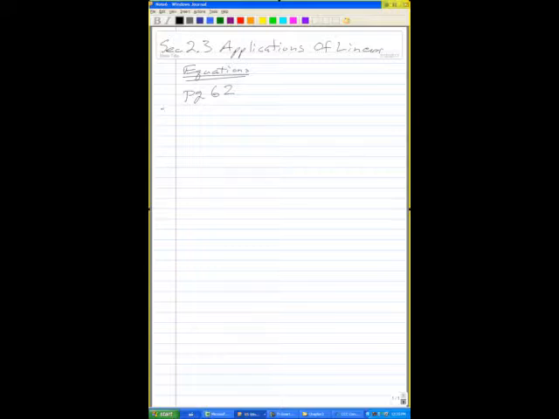Let's do page 62, problem number 2. If the sum of an integer and 7 is multiplied by 3, the result is 6 times the original integer.